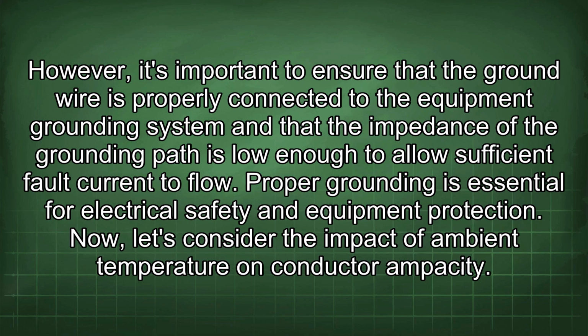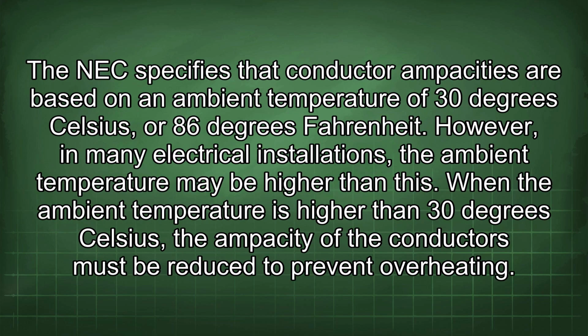Now, let's consider the impact of ambient temperature on conductor ampacity. The NEC specifies that conductor ampacities are based on an ambient temperature of 30 degrees Celsius or 86 degrees Fahrenheit. However, in many electrical installations, the ambient temperature may be higher than this.